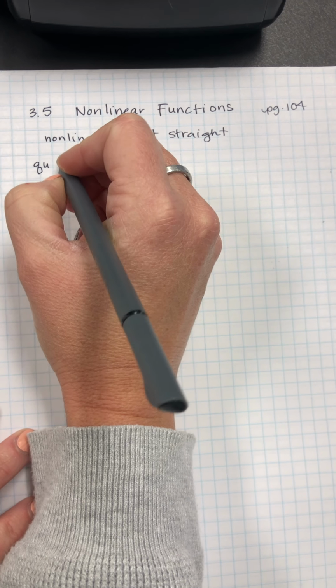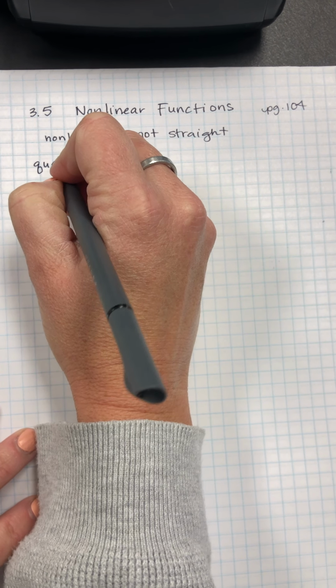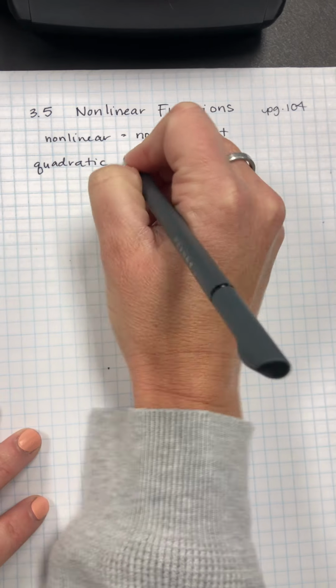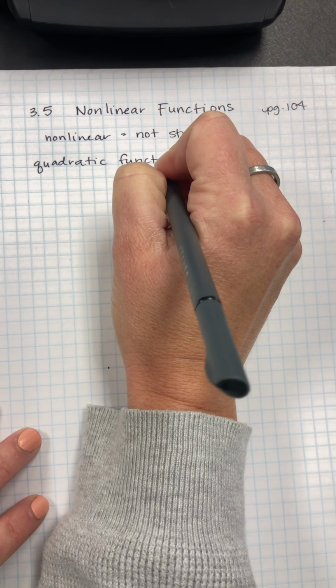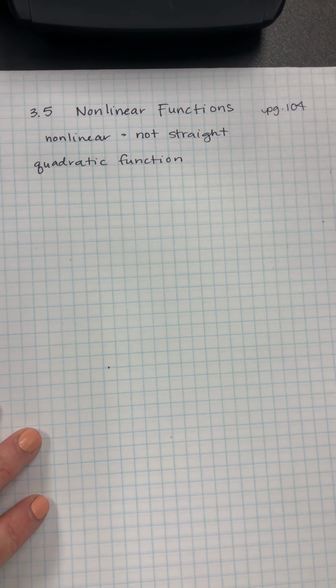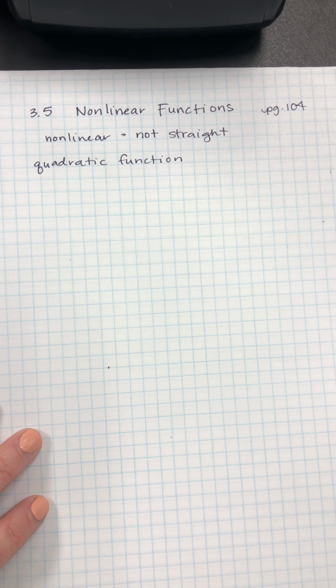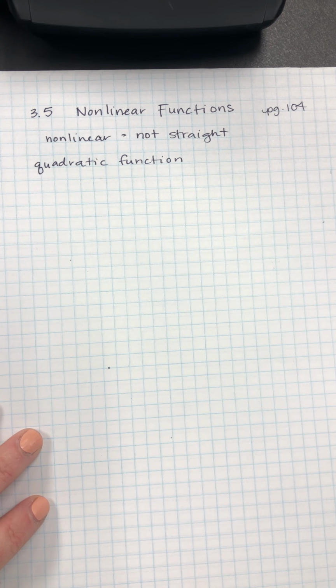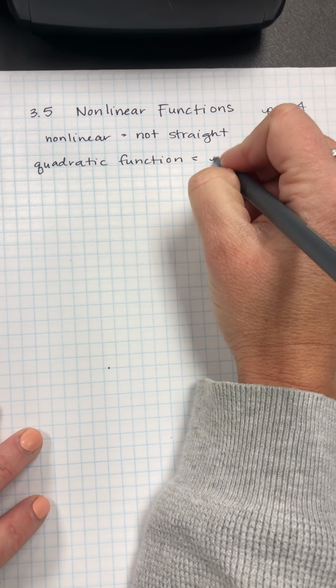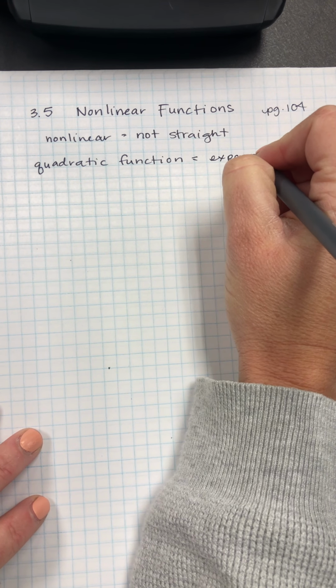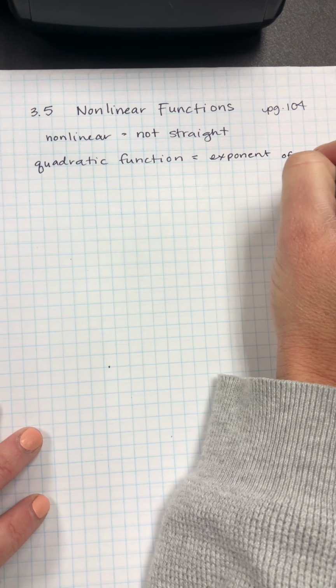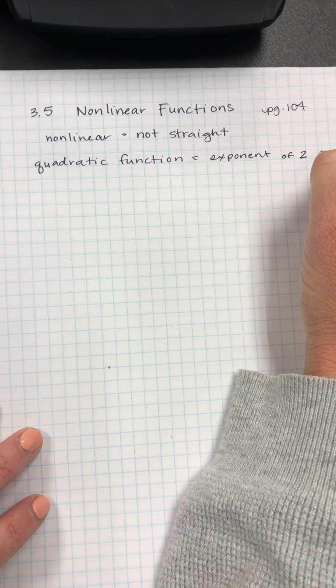These are highlighted on page 104. Quadratic: this is when you have an exponent of 2 for your variable.